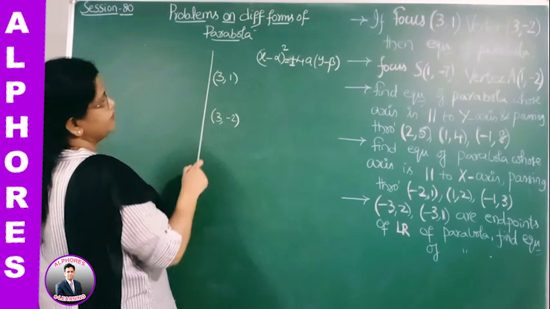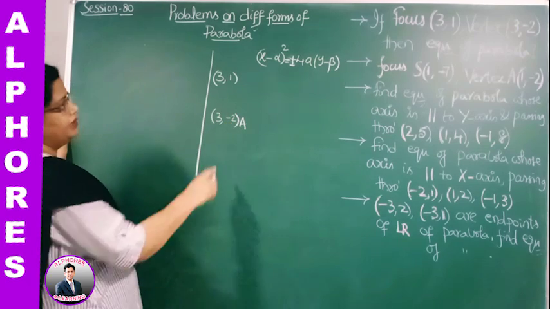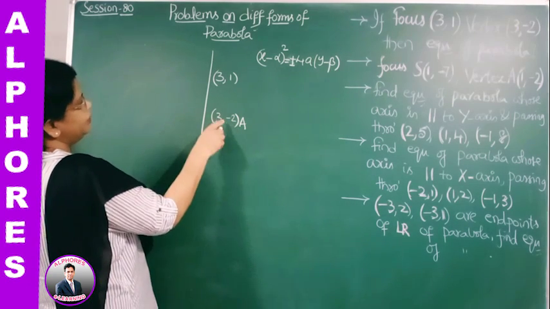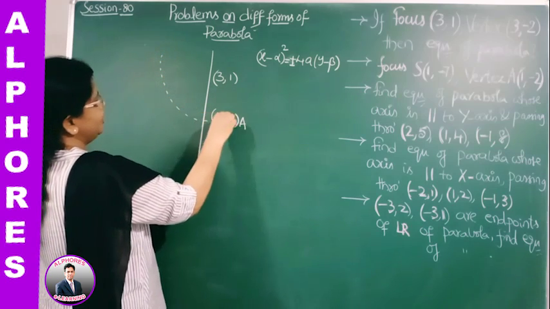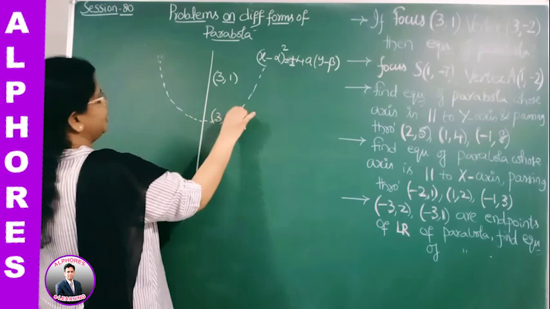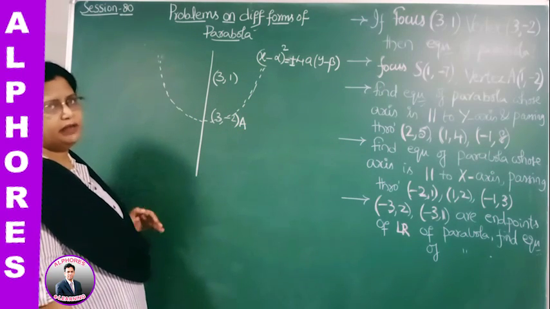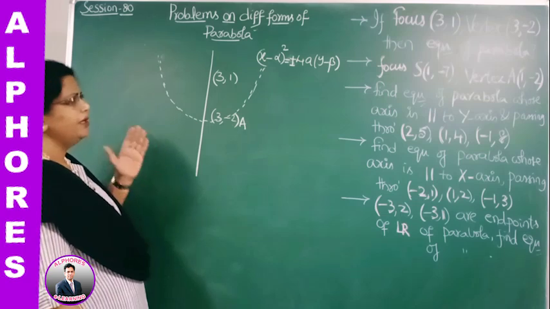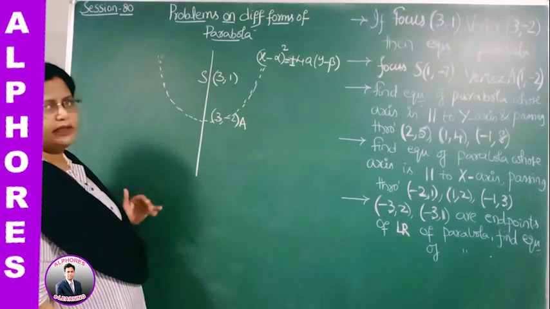Now what is the vertex? This is our vertex, capital A, right? And since the vertex is capital A, the parabola has to come like this. Understand? Therefore we can observe the parabola is clearly like this, because in a previous session we have observed some properties of parabola, that the focus is always inside the curve.